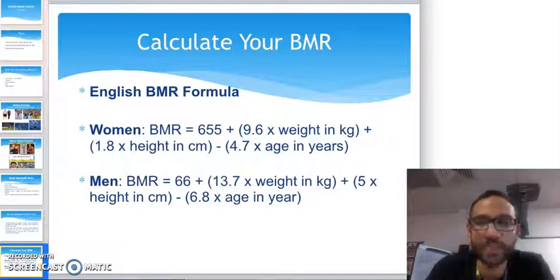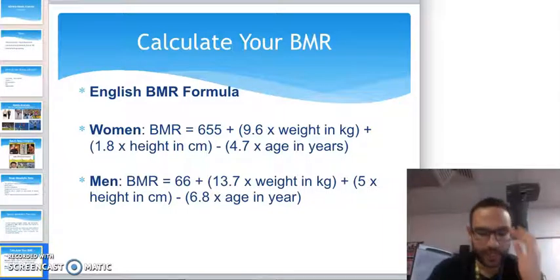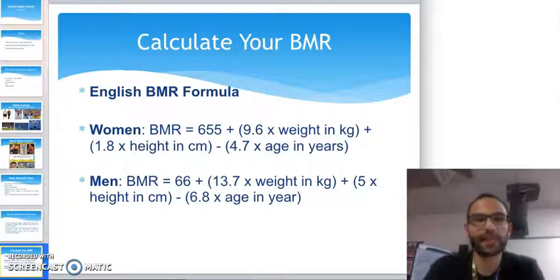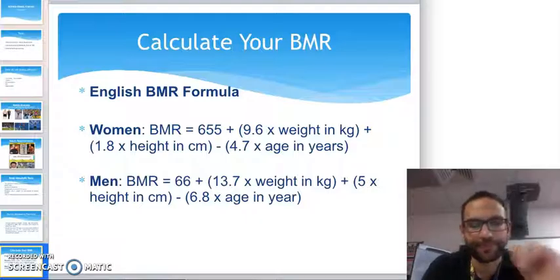This is called a positive energy balance, meaning you have a surplus amount of calories, which will be stored as fat most likely. Or if you are negative in your energy balance, so you're burning more energy than you're consuming, you will lose weight. It's a very, very simple method, and this is what you will need to calculate for your participant. I keep saying that, it should be your client.